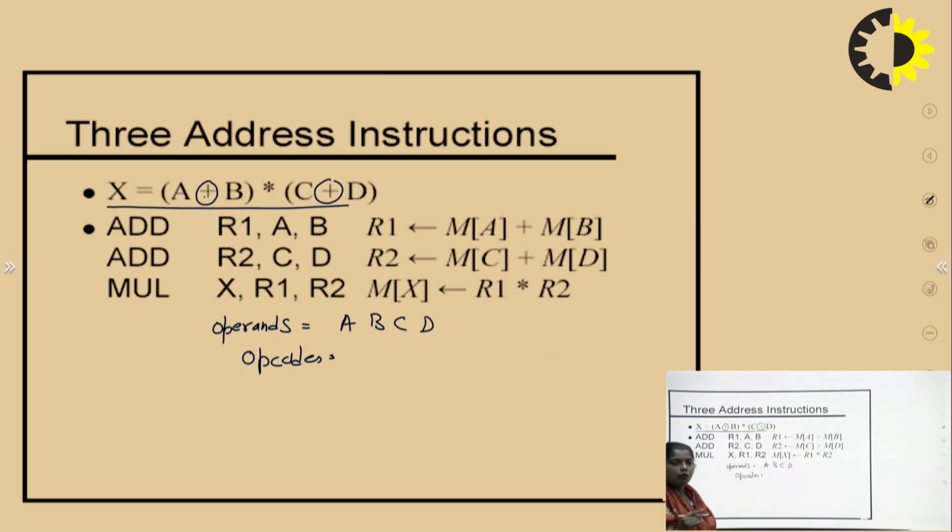Here there is the add opcode, the plus operation, and the multiply operation is also there. So whatever operation you perform is the opcode, and the variables A, B, C, D on which you perform the operation are called the operands.